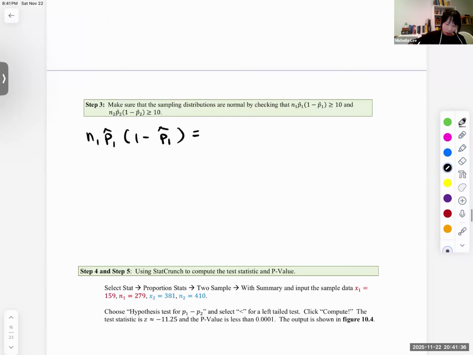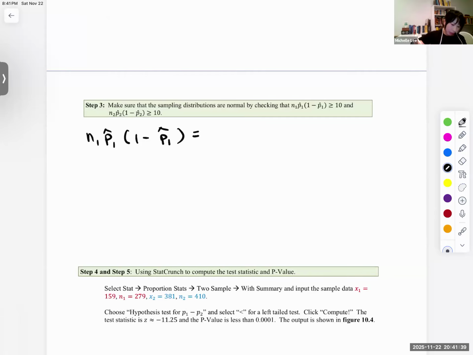All right, so n sub 1 we have 279, p hat sub 1 is 0.5699, 1 minus 0.5699.